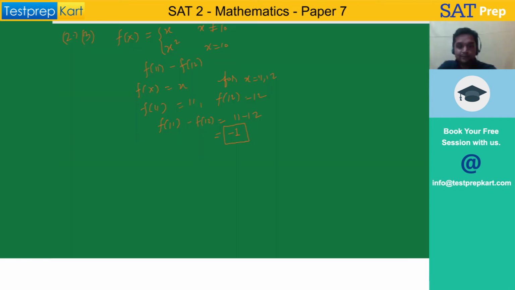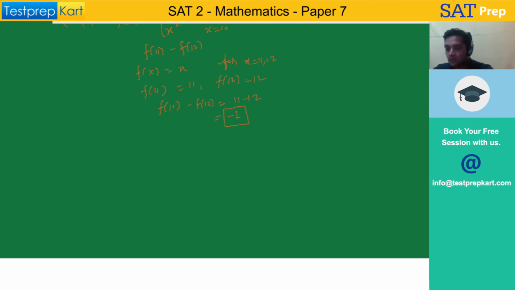Let's discuss this question. So suppose this point is P. How much distance is it above the x-axis?